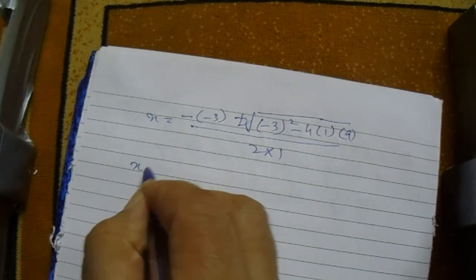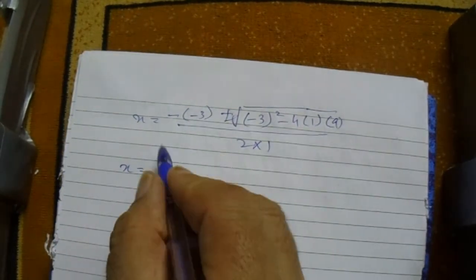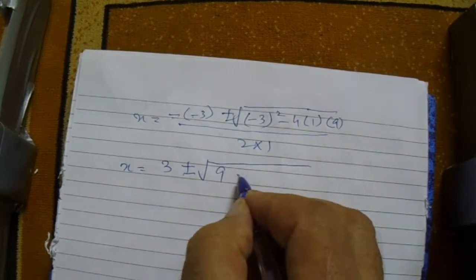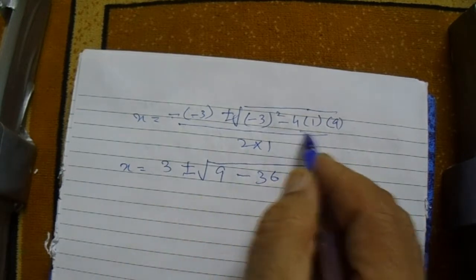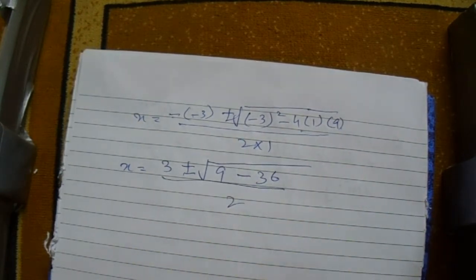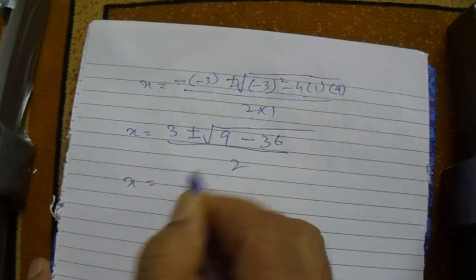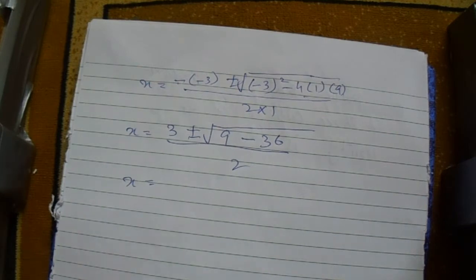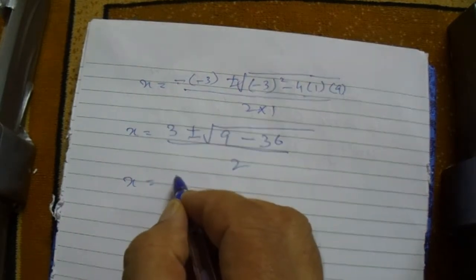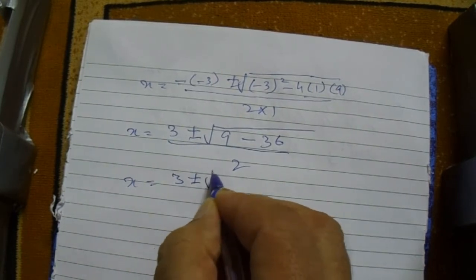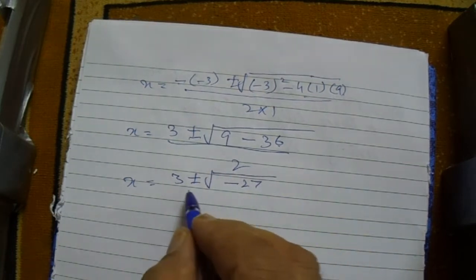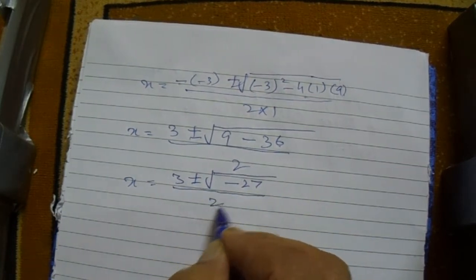Now x is equal to 3 plus minus under root 9 minus 36, 4 nines are 36, over 2. Again we write x is equal to 3 plus minus under root we multiply by minus 27, and we write here over 2.